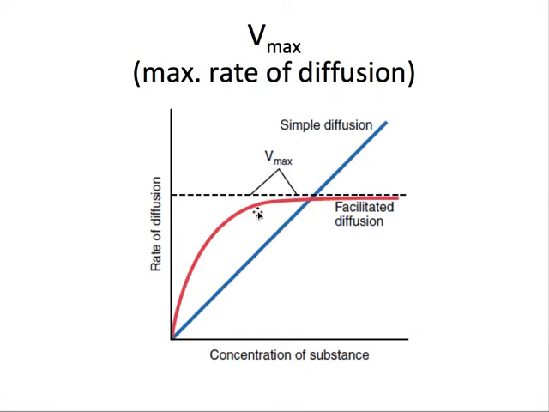This Vmax is the maximum rate of facilitated diffusion which a substance can gain, even though the concentration gradient of the substance keeps on increasing. But facilitated diffusion will not go beyond the Vmax, while simple diffusion can increase indefinitely in case of an increasing concentration gradient.